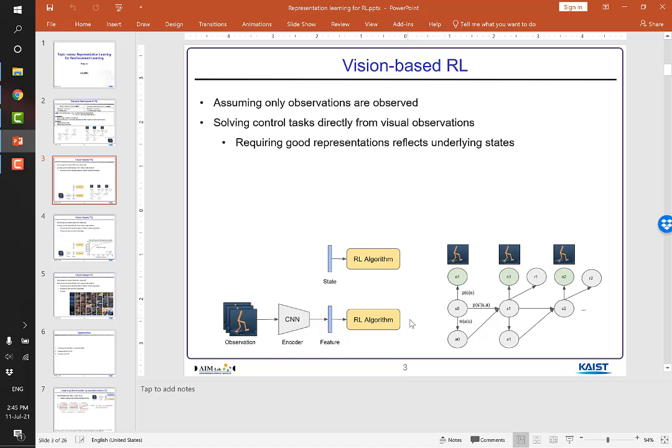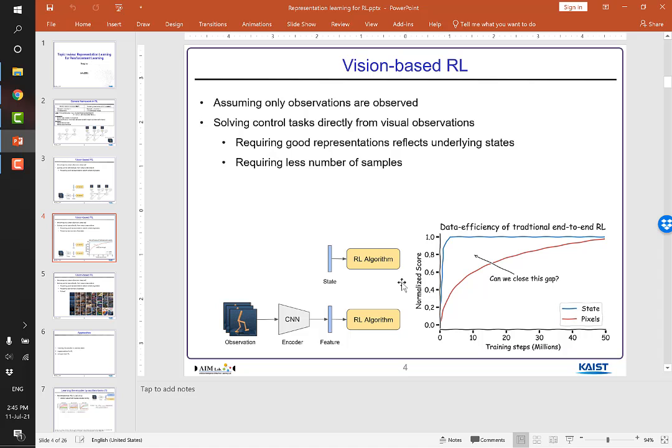To solve control directly from visual observation, we usually need to find a good representation, or feature, that reflects the true underlying state. So this is one requirement. The second one is that we want to require fewer samples. It means that the algorithm should be efficient, so it can reduce the sample complexity.